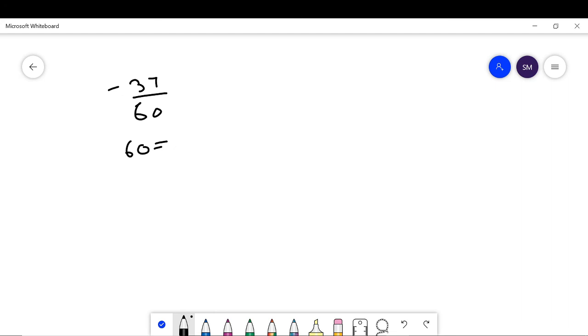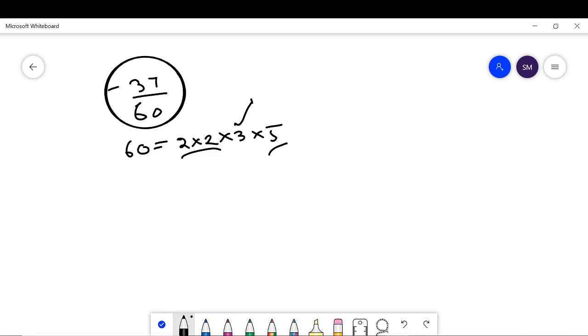Look here. If we prime factorize 60, we get 2 into 2 into 3 into 5. 2 twos are 4, 4 threes are 12, 12 fives are 60. Yes. 60 is not a multiple of only 2 and 5. 2 and 5 are here, but 3 is here. Then this doesn't give us a terminating decimal number. Look here. Suppose 37 upon 60. Then put 0, put the decimal. Then 6 times is 360.